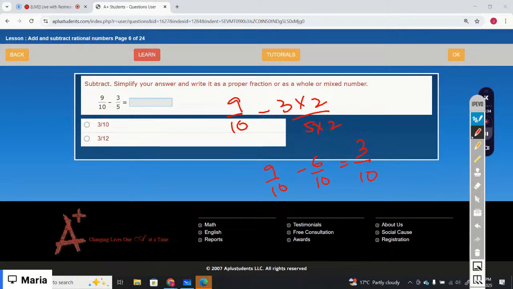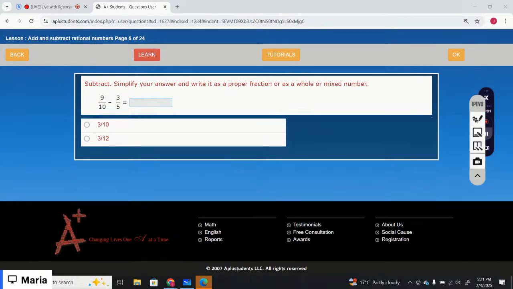That is 3 over 10. Option number 1 is the correct option.